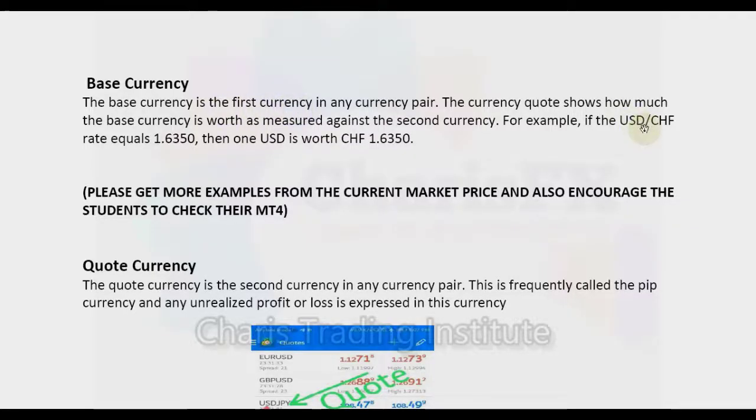Example, when USD is paired with CHF, this first currency, which is the USD, is the base currency. So for example, if the USD CHF rate equals 1.6350, what this means is that 1 USD is worth 1.6350 CHF. This is what it literally means.